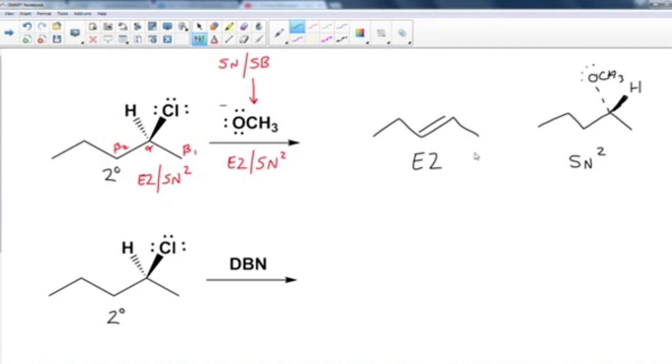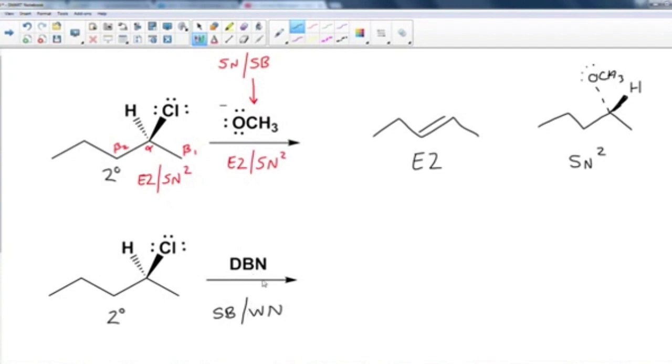So for a secondary substrate with a strong nucleophile and base, we form both elimination and substitution products. The question becomes a little less challenging when we have something like this. There are some species that are classified as non-nucleophilic bases, in other words strong bases but weak nucleophiles, such as tert-butoxide or a two-ring fused amine compound that is big and bulky.